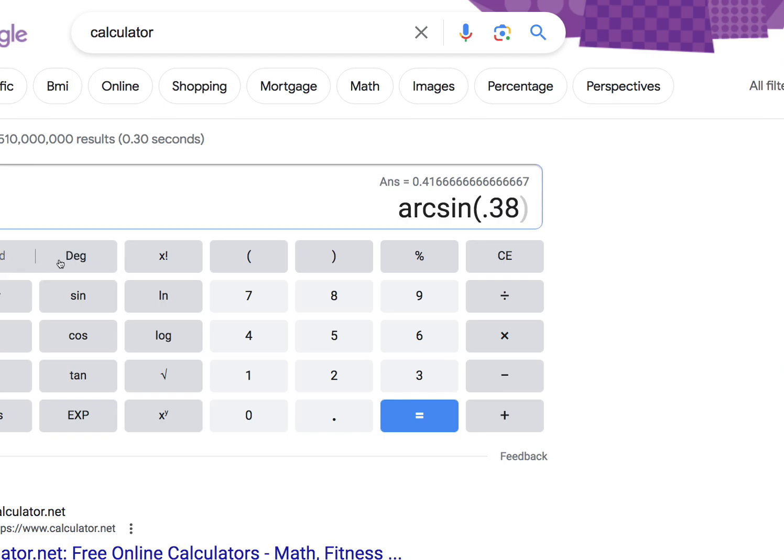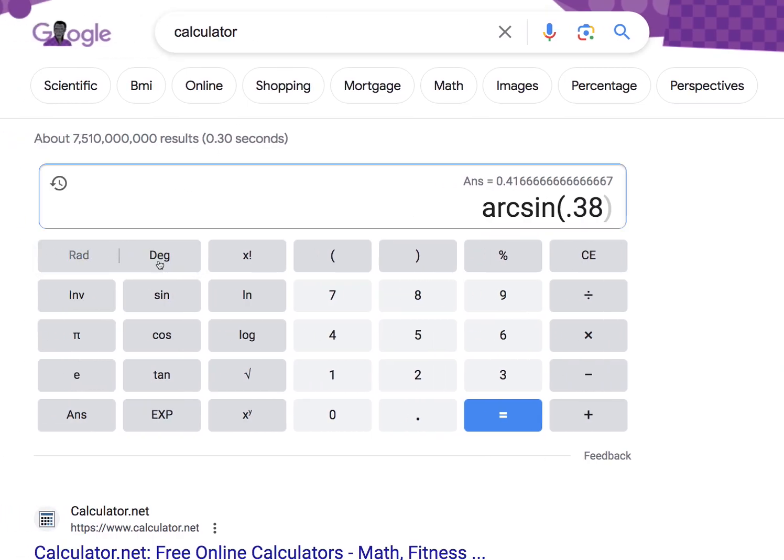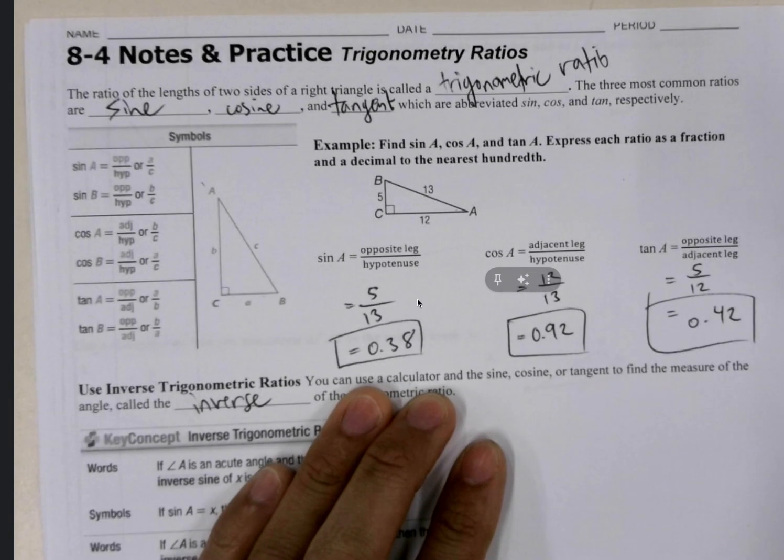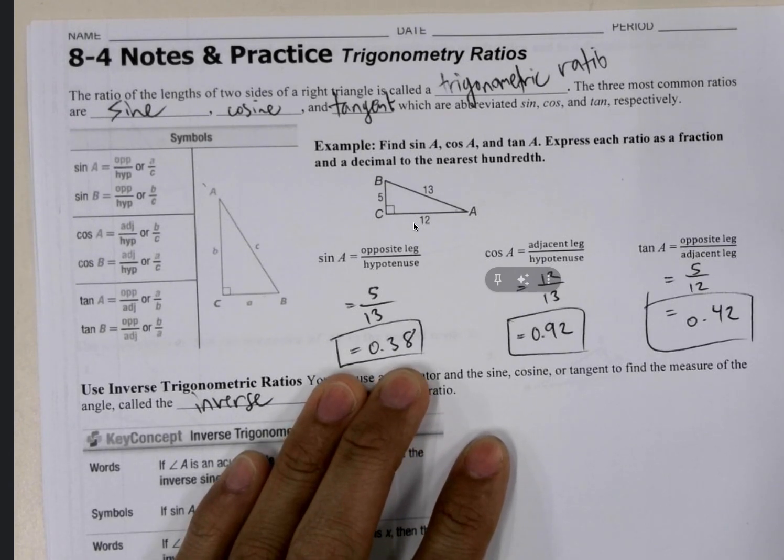And then here you're going to put radians or degrees on this part right here. And we are familiar with degrees, right? So let's click in on degrees, or else you're going to get values that you're not familiar with. But arcsine is another way of saying inverse of sine. Inverse sine of 0.38 is equal to 22.33. So here it's 22.33 degrees, right?